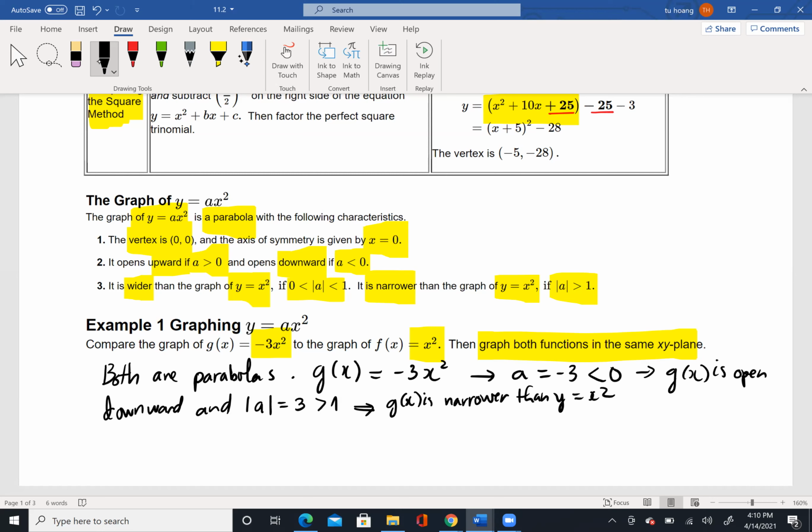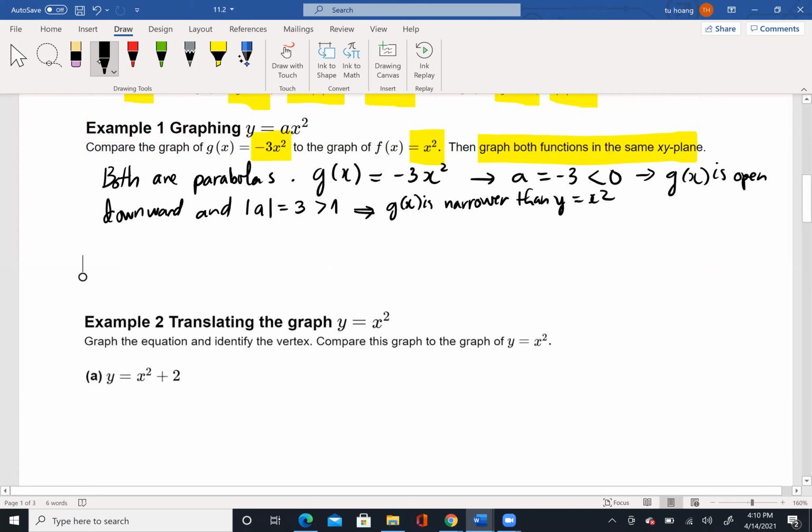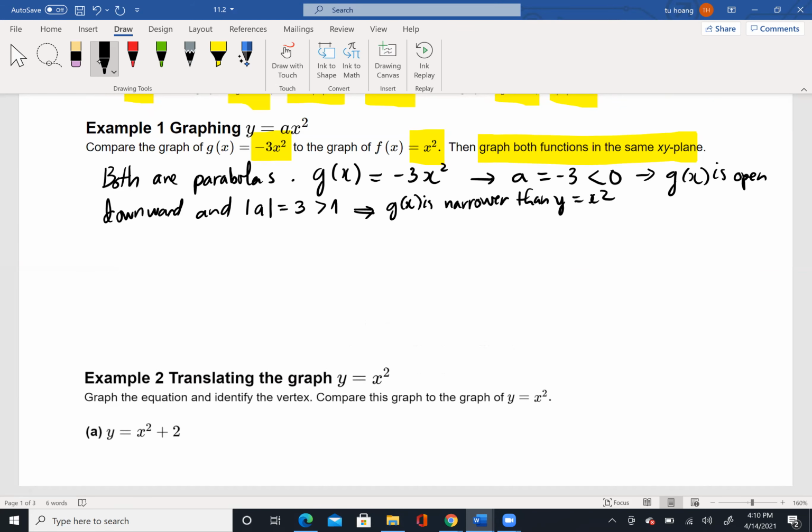So let me make it bigger a little so I can grab it better. Here, the graph of y equal to x squared, like this, right?